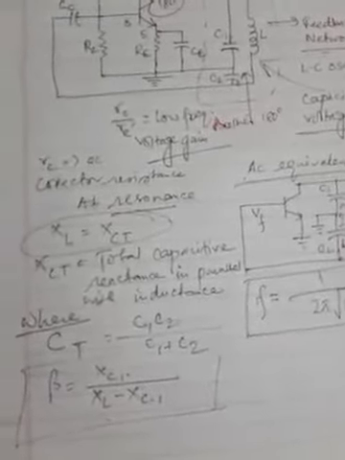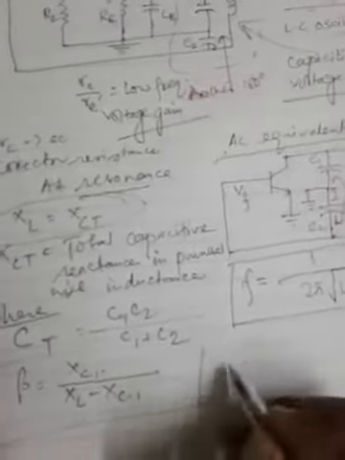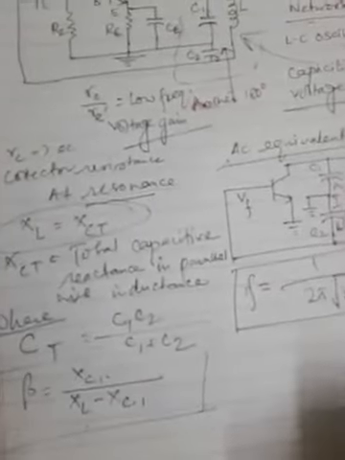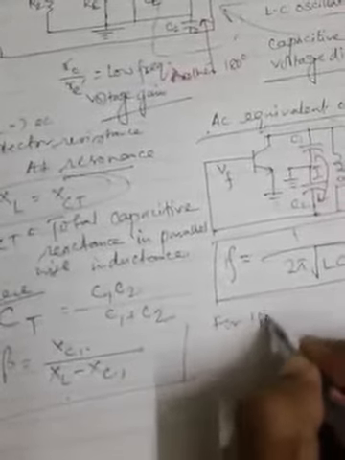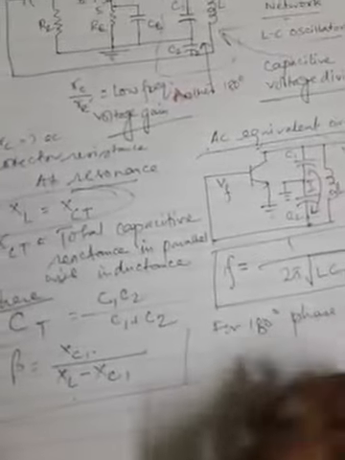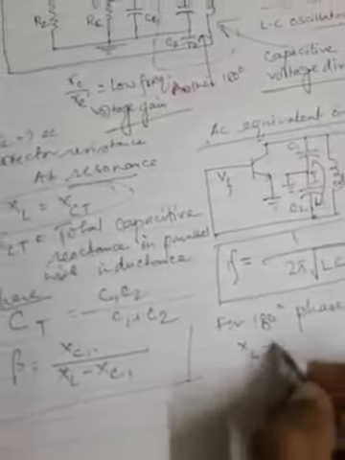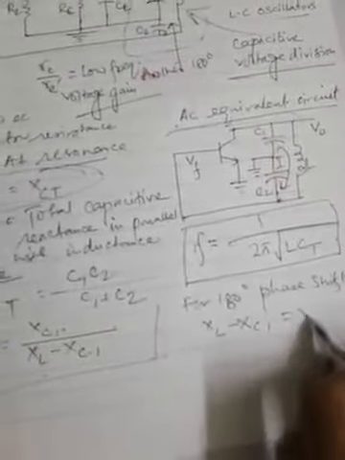Now it can be shown that when the 180 degree phase shift is achieved, when the signal is passing through this feedback network and getting 180 degree phase shift, then for 180 degree phase shift, XL minus XC1, the denominator term, is equal to XC2.